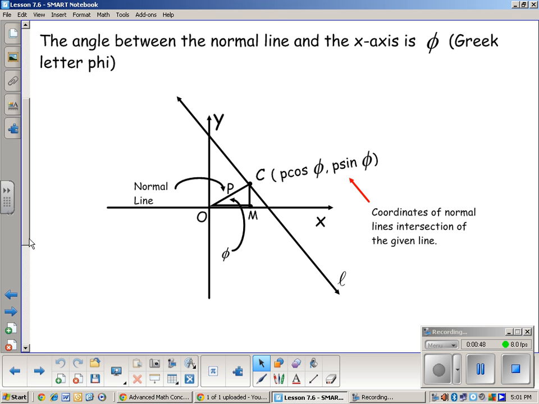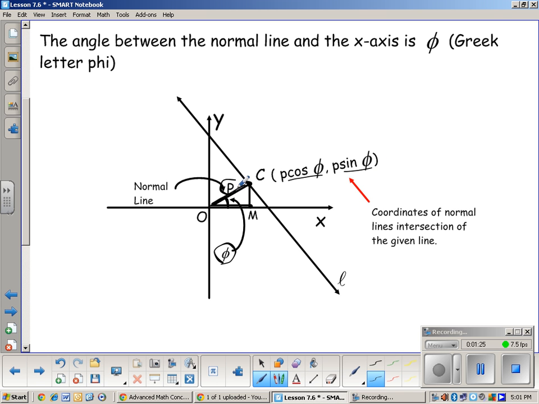In our picture here, we are trying to point out that this line here is our normal line. The angle between the normal line and the x-axis is phi. This ordered pair, where the normal line intersects our line, if we think about the unit circle, cosine theta, sine theta would be our unit circle.